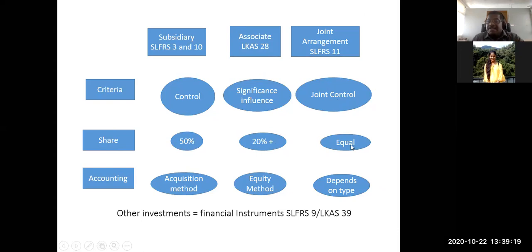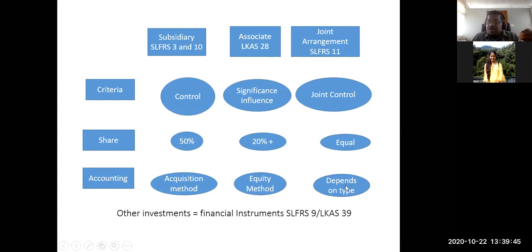Here it is 20 plus, and here equal contribution, equally, parties are contributing. And here, the acquisition method, we call full consolidation method. We discussed the equity method, and the accounting method depends on type. We will discuss the two types.